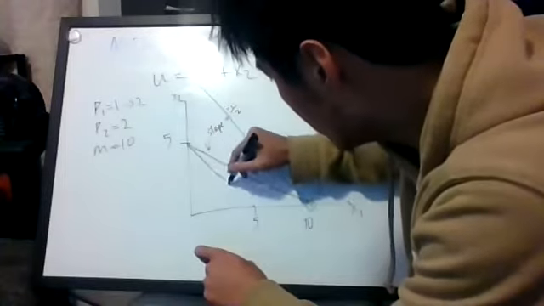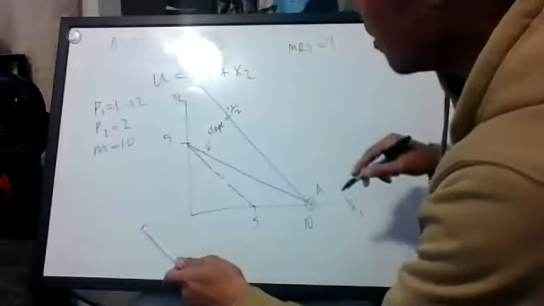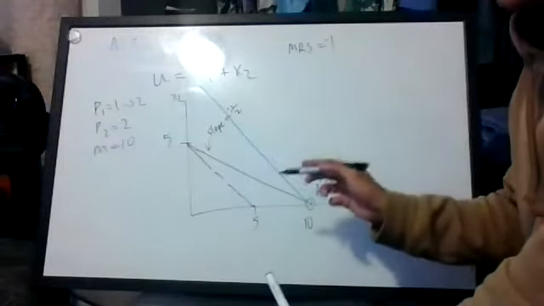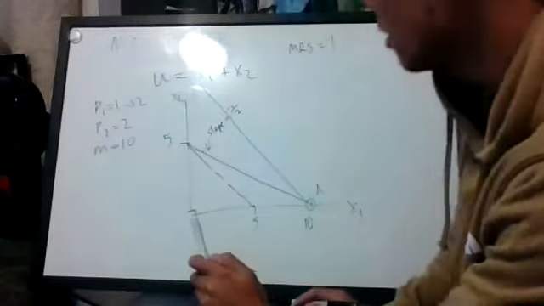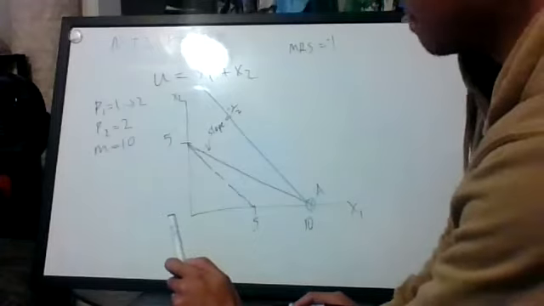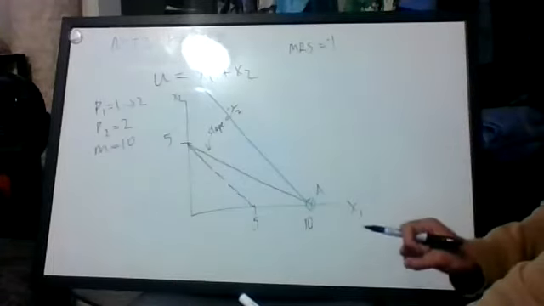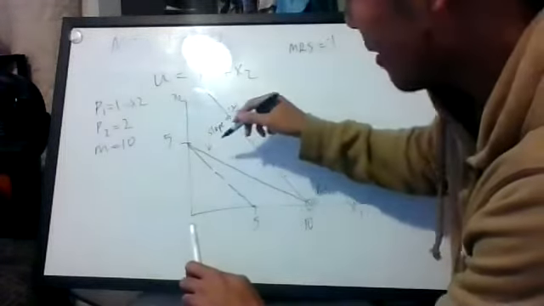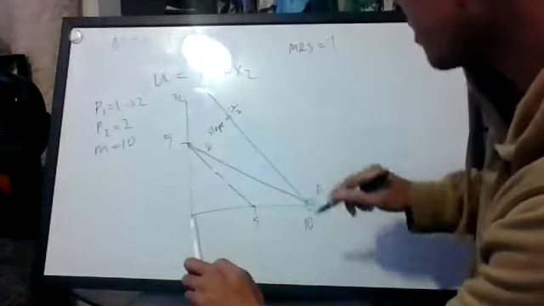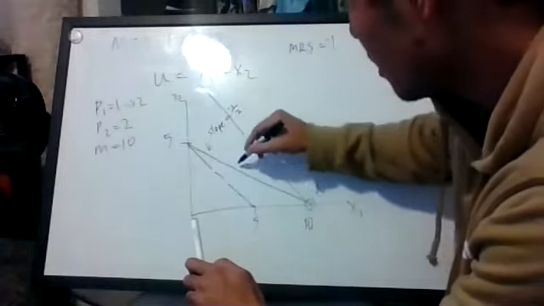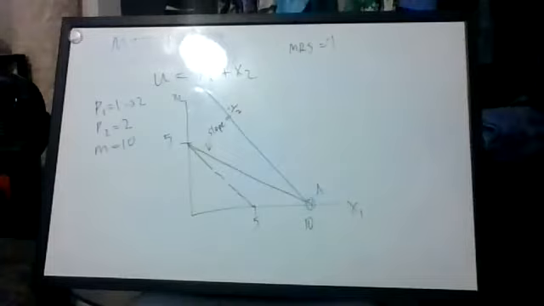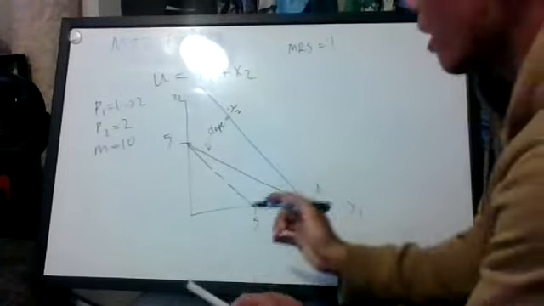But you'll notice that the slope of our MRS is now going to be the slope of our budget constraint, which means that by substitution effect, we know it's got to have the same utility, which means it has to be on this same indifference curve.